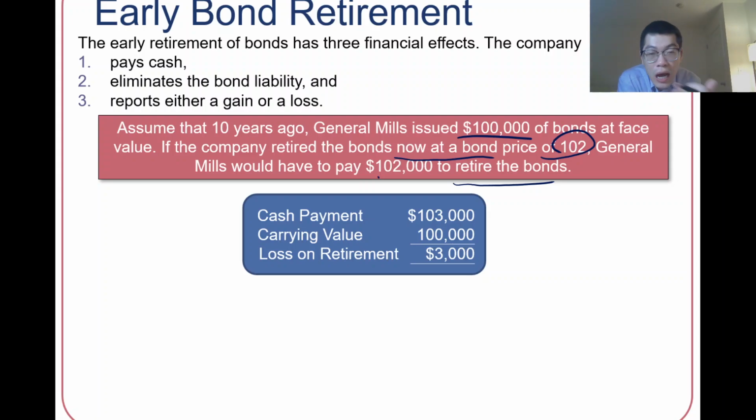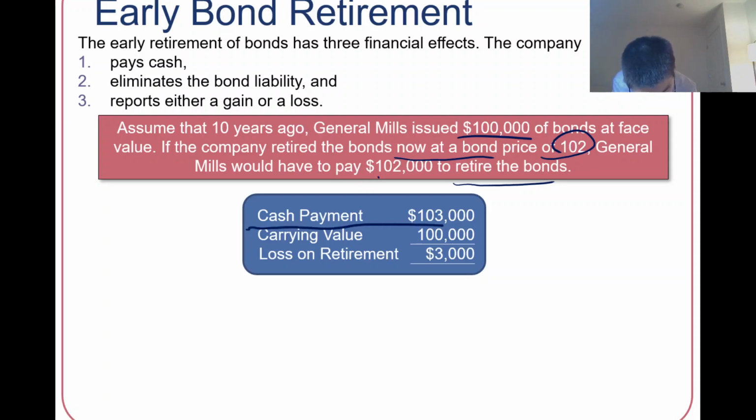Because you have to give them a little bit of incentive for early retirement. Otherwise, later on when you're issuing other bonds on the market, the investors will lose confidence in your company because you're not keeping your promise. That makes sense?